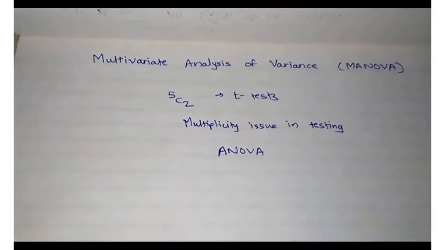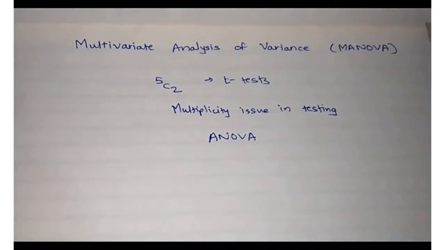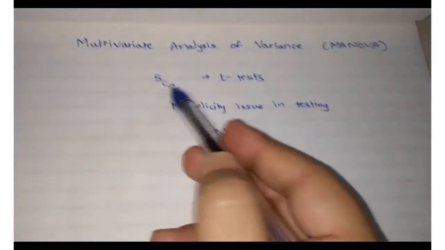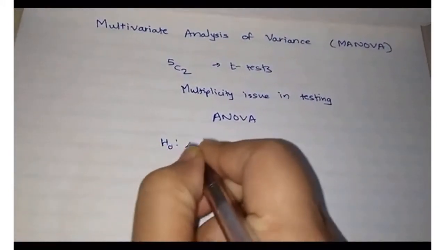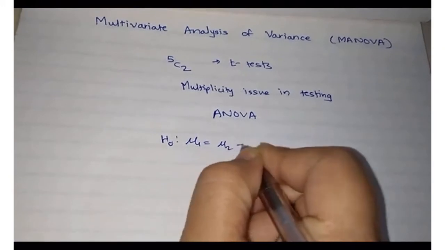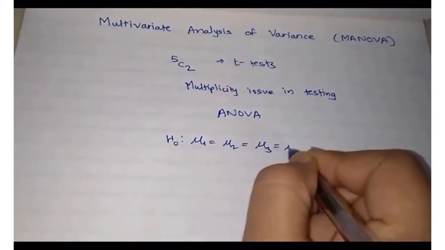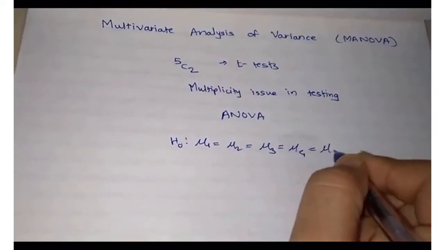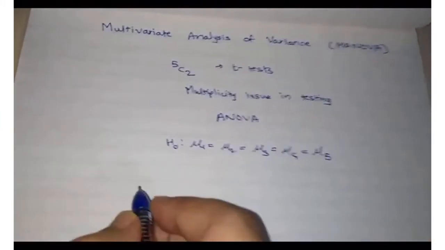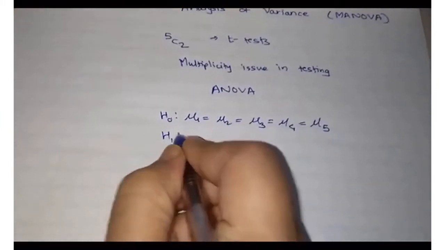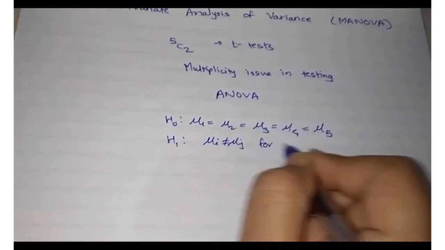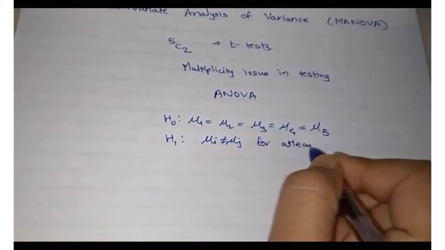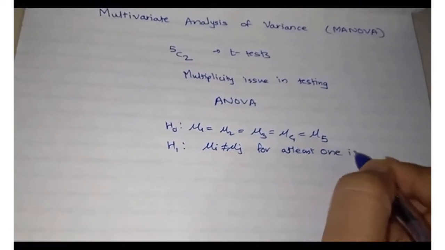So what ANOVA does is, you have 5 populations, then my ANOVA H0 would be mu1 equal to mu2 equal to mu3 equal to mu4 equal to mu5. That is, all these have the same mean, versus mu i not equal to mu j for at least one pair ij, for at least one i not equal to j.